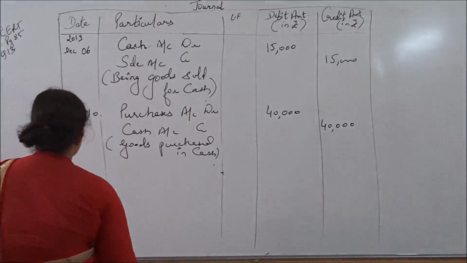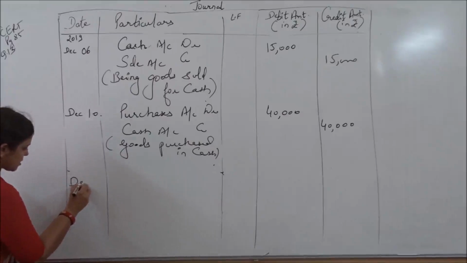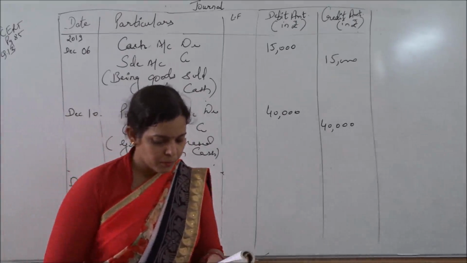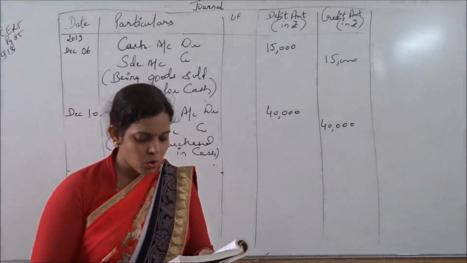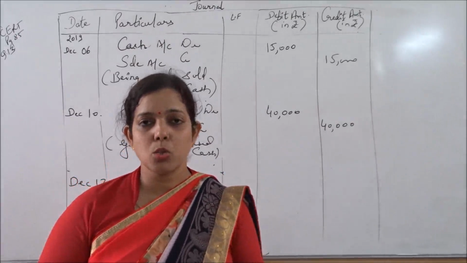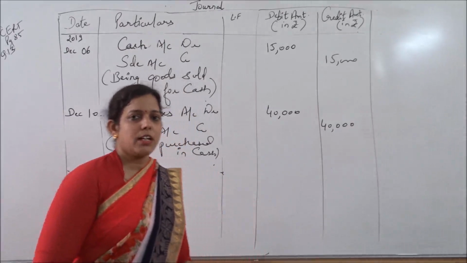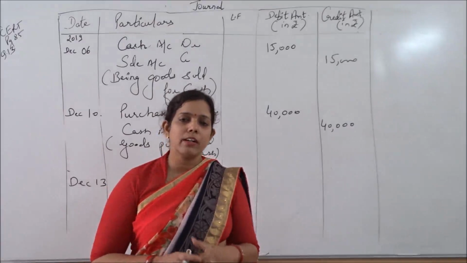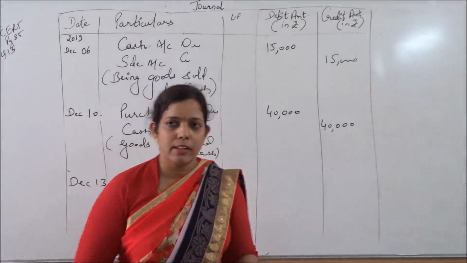December 13. Read the transaction properly. What is the transaction for December 13? Sold goods to Suman. Rupees 20,000. Again in this transaction you have to identify whether it is a cash transaction or a credit transaction.